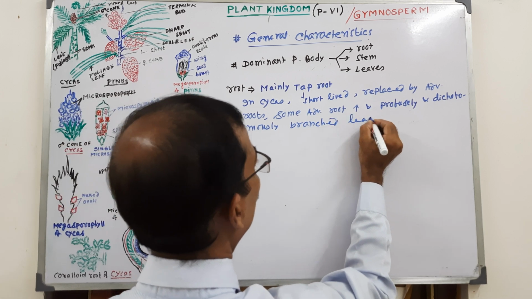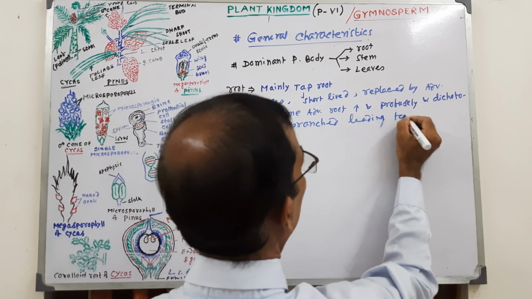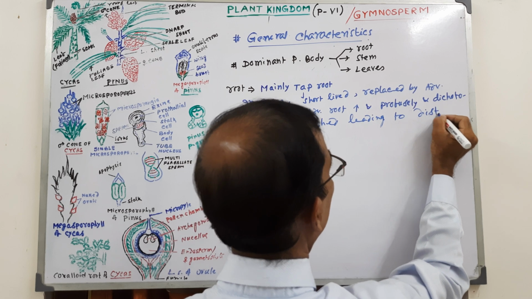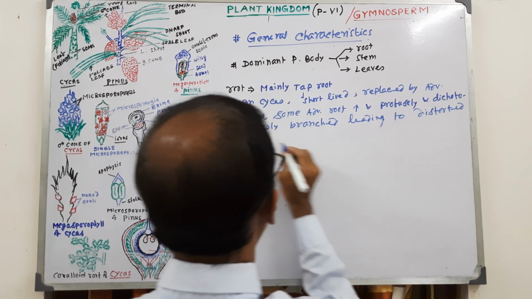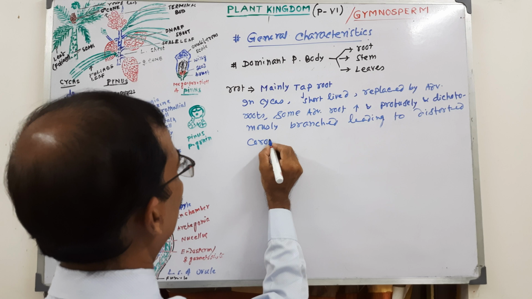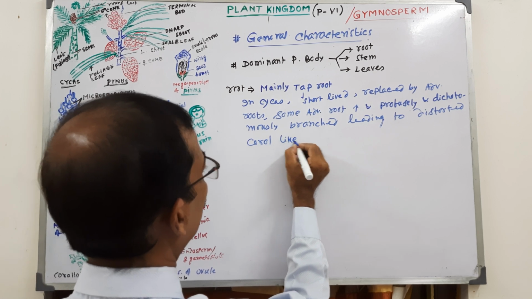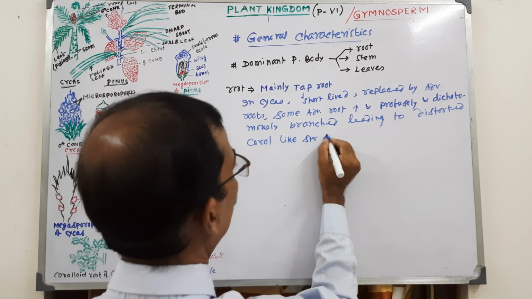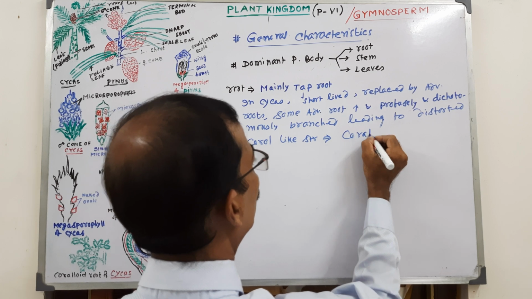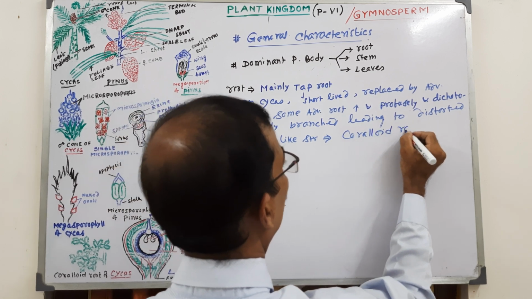Leading to a distorted, coral-like structure, the so-called coralloid roots.